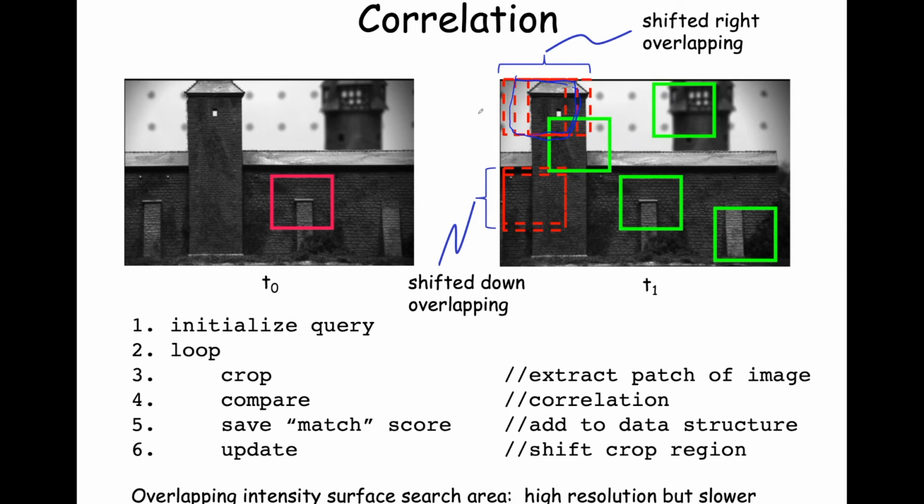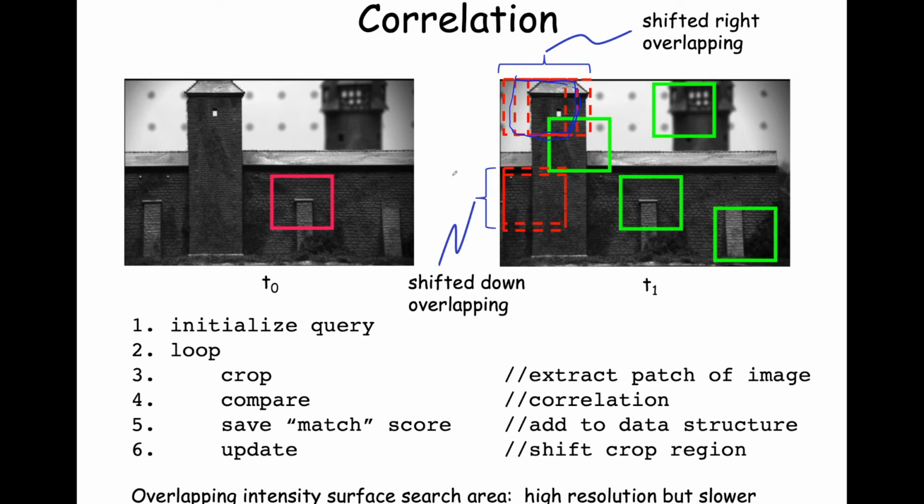And so we do that again and again and again, each time running our correlation score, saving the match score, looking in all parts of the image, overlapping, shifting to the right, as well as shifting down. As we get to the edge, we come back around to the left-hand side of the image and shift down. And we keep doing that to search all possible target locations that we can have in the image at time t1.